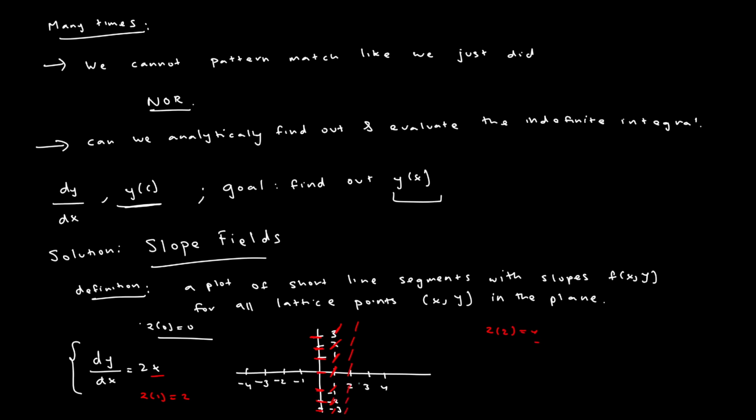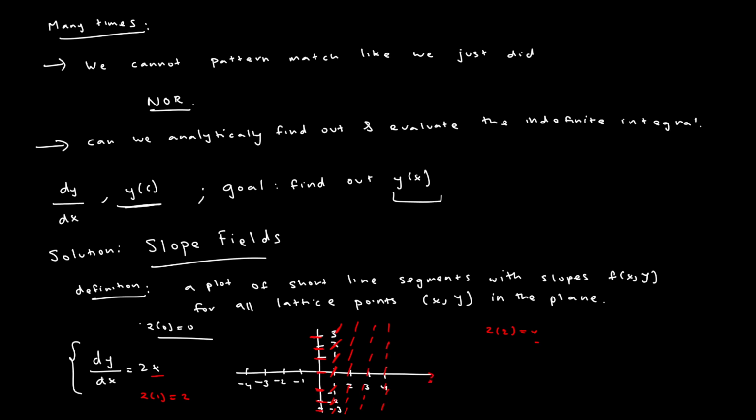As you continue growing your x's, your lines get steeper and steeper because their slope gets larger and larger, tending toward more vertical lines, not perfectly vertical, but more vertical as we get into larger x's. So that's our slope field on the positive x side.